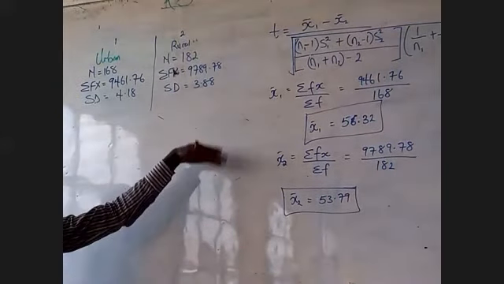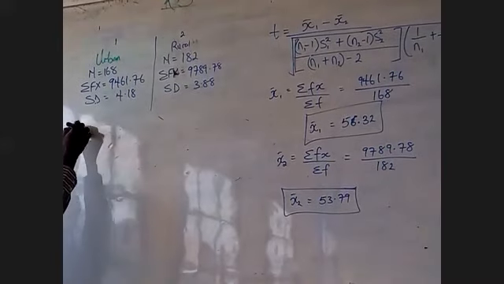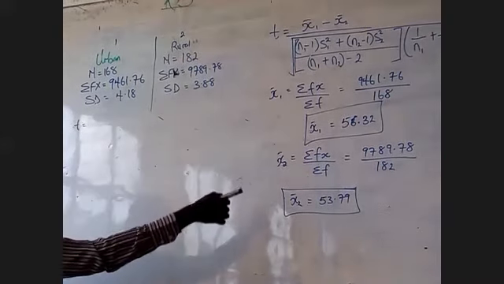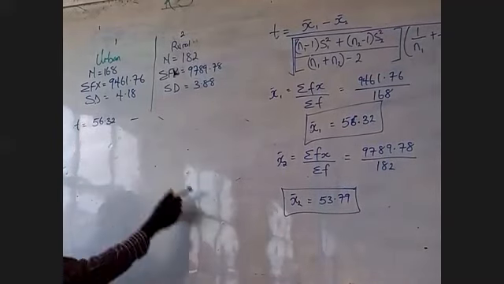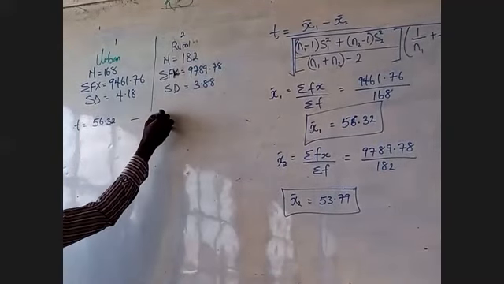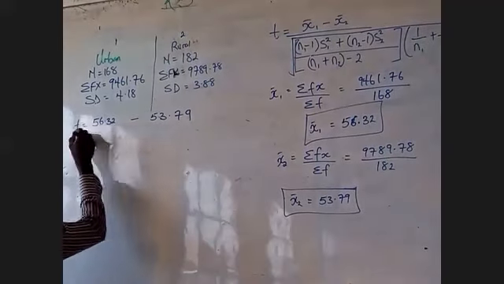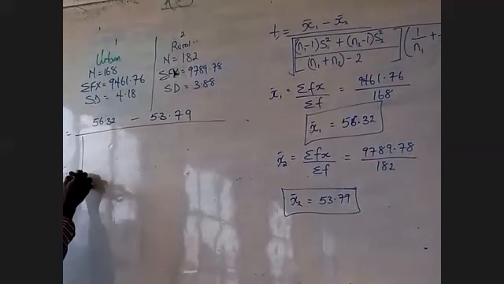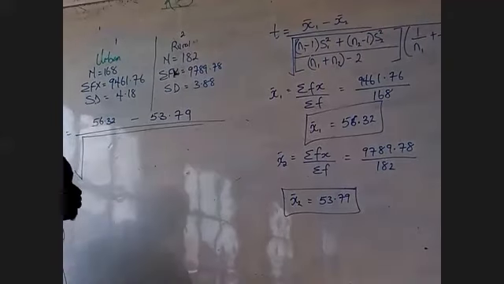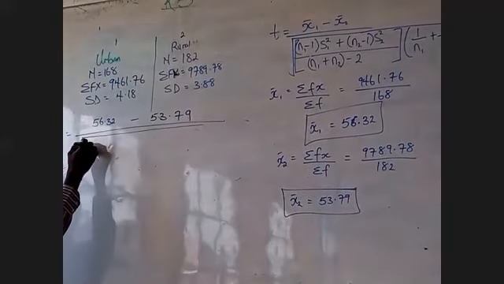Now, imputing these two things into the formula, I'm going to have our t to be equals to mean 1, which is 56.32, minus mean 2, that's 53.79, divided by the square root of n1, what's our n1?